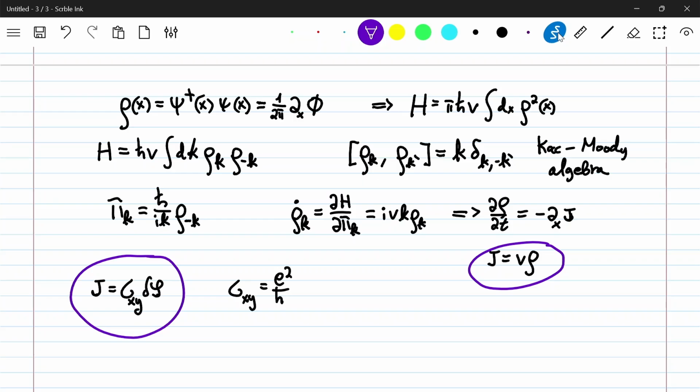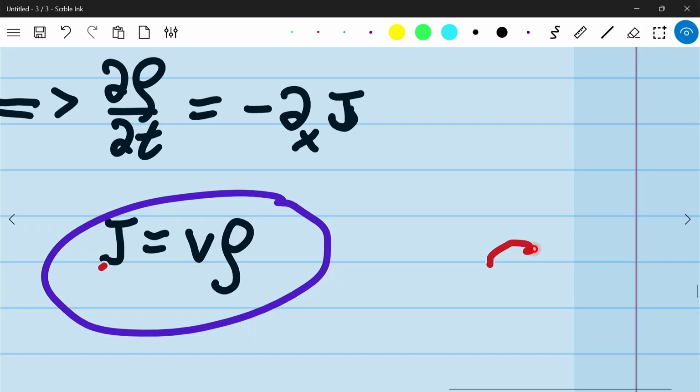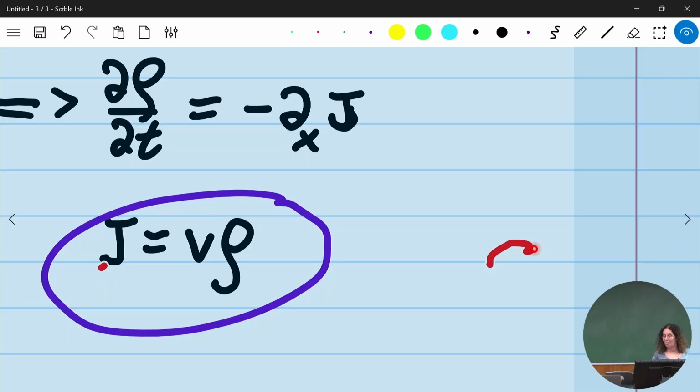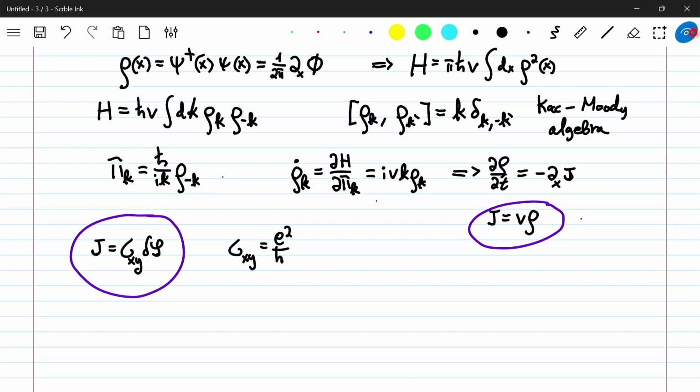We see that by using these two expressions that relate current to density, so once again, I have my Hamiltonian that is written as a rho square.